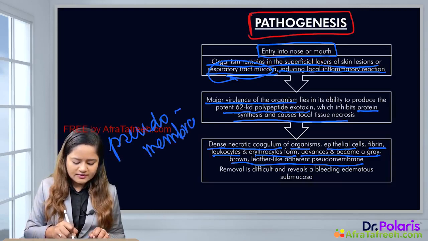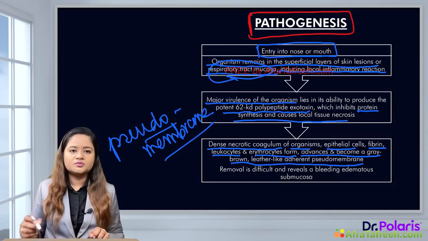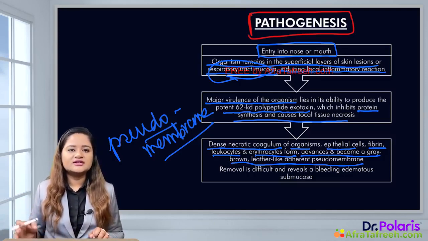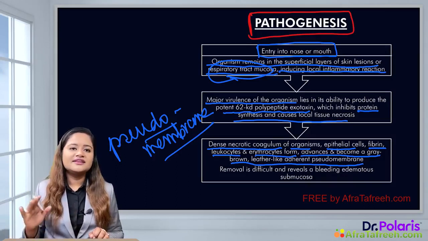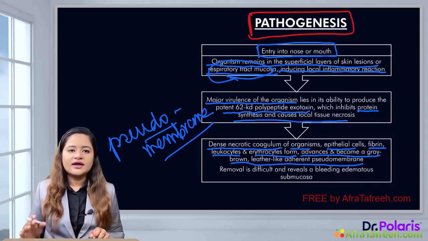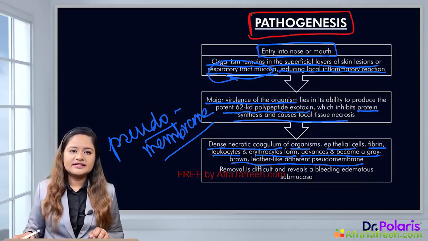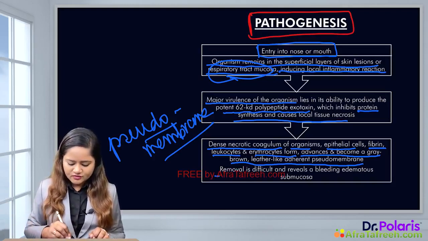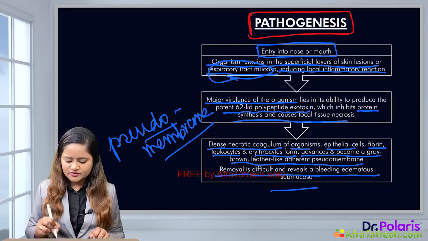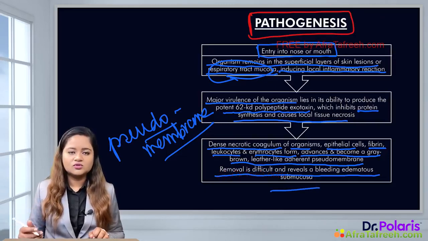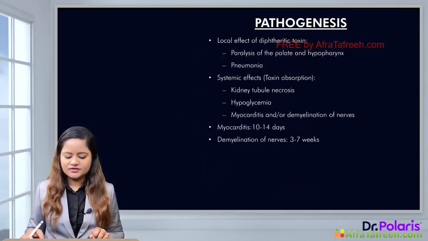Now, the pseudomembrane starts with the local inflammatory response, which gets added on with depositions of fibrin, leukocytes, and all the cells and debris from here and there that is coming over it, and it becomes a very thick, leather-like coated kind of a layer that is formed on the respiratory epithelium. Its removal is very difficult, and once we try to remove it, it can produce bleeding also. So, this is a pseudomembrane formation that happens in the disease of diphtheria.